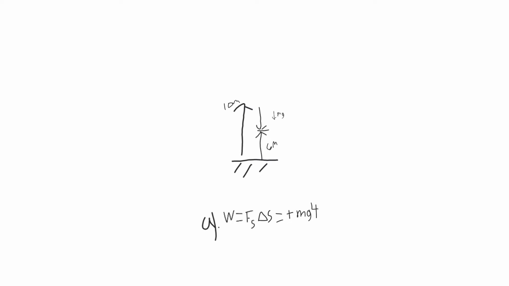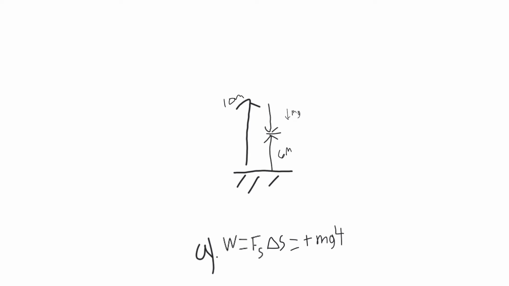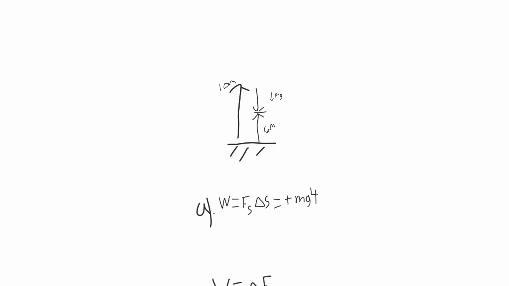For part A, it's asking us to find the work done by the gravitational field, or the force, when y1 is 10 meters and y2 is 6 meters. So what's the work in this situation when it's moving vertically with this change in direction?